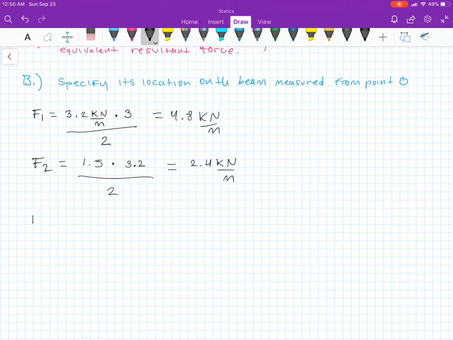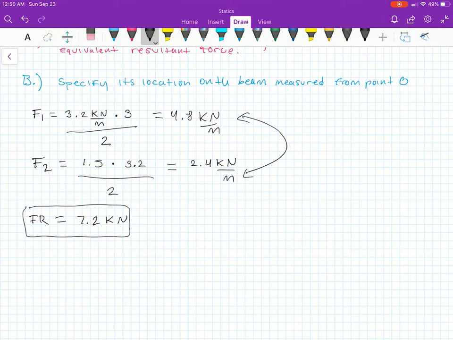And we know the resultant force is just these two added up, which gives us 7.2 kilonewton. So this is for part A.